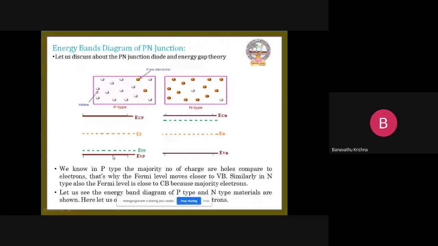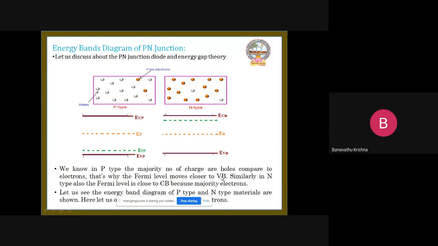Due to the concentration of the majority charge particles, the energy of the Fermi level is located near the valence band. Similarly, in n-type semiconductor material, the majority charge particles are electrons. That's why their concentration is more compared to minority charge particles, and the energy of the Fermi level is located near the conduction band.